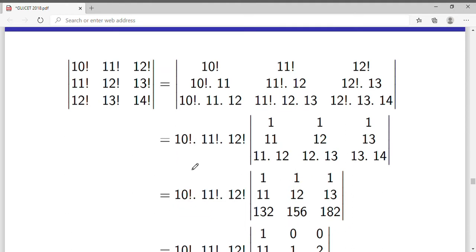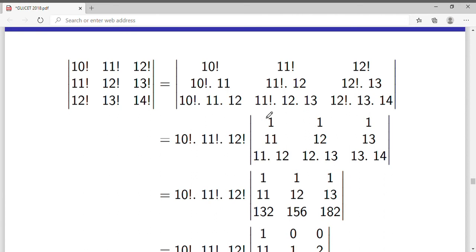Now in this column, if you observe, first is 10 factorial, and 11 factorial we can write as 10 factorial into 11. In the same way, 12 factorial is nothing but 10 factorial into 11 into 12. 11 factorial stays as it is, and 12 factorial is nothing but 11 factorial into 12.